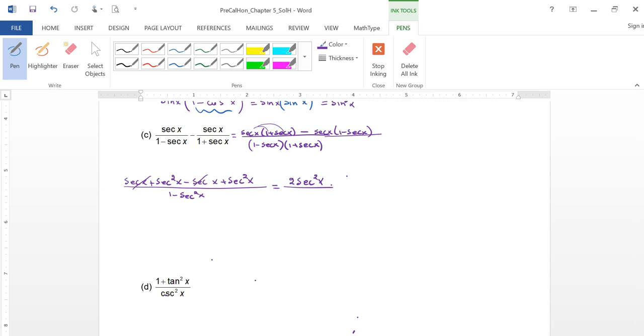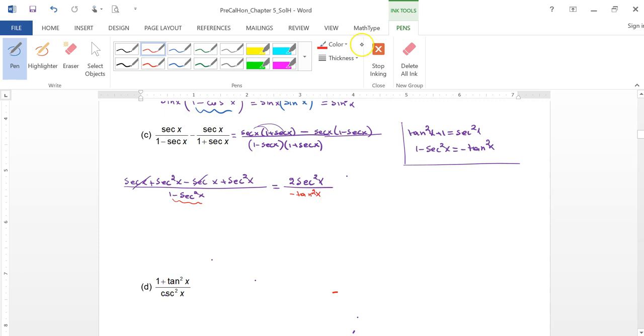Tangent squared x plus 1 equals secant squared x. Meaning, 1 minus secant squared x is negative tangent squared x. Okay? So here, this becomes negative tangent squared x.